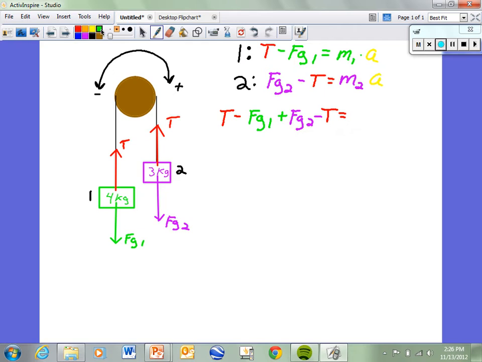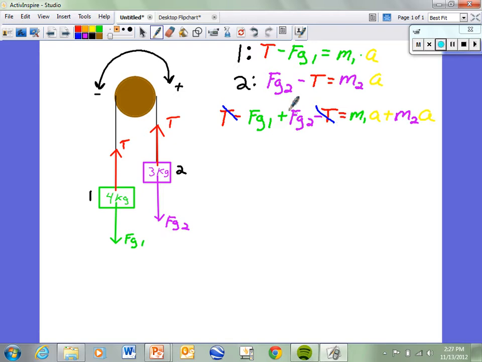And that's going to equal these added up, the m1a and m2a. So I get m1a plus m2 times a. From here, if you take a look at our forces section, I have a positive T minus T. That's going to cancel out. That will always happen on an Atwood machine problem. Your tensions will always cancel if you do this right.